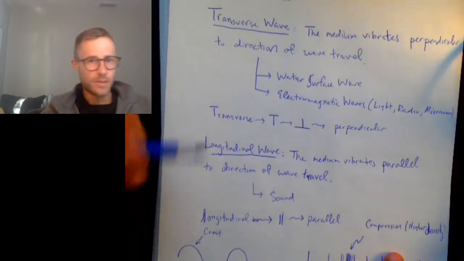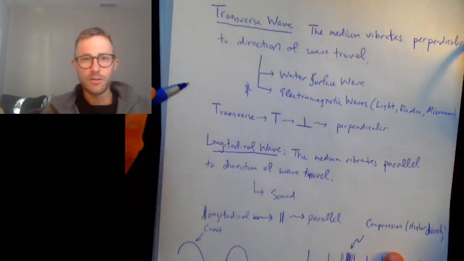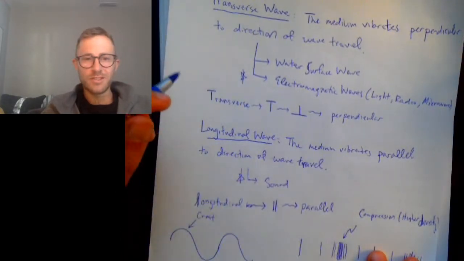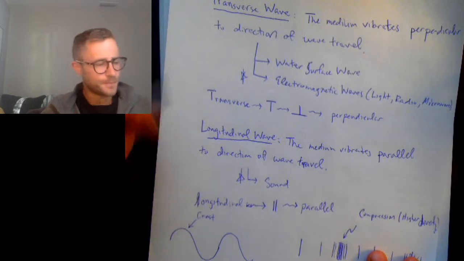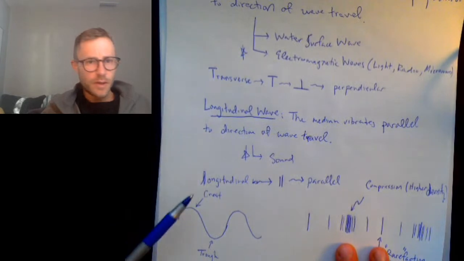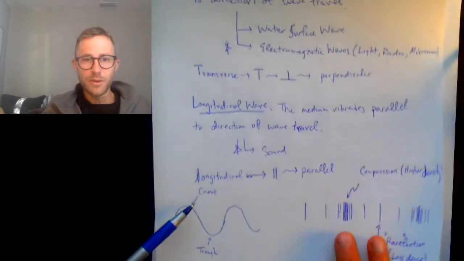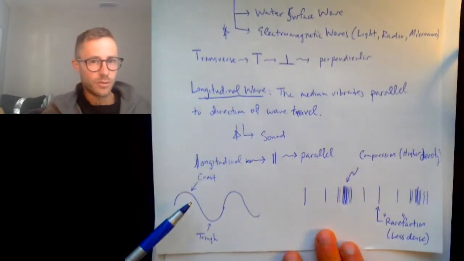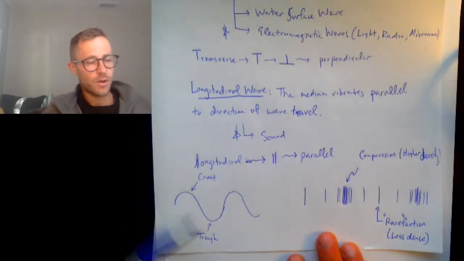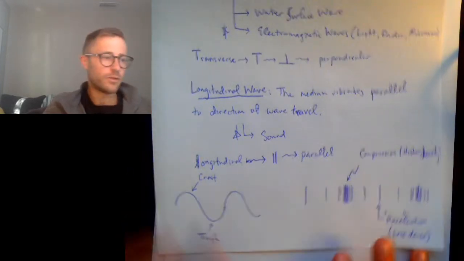The one you probably want to remember for transverse waves is that light is a transverse wave. And for longitudinal waves, remember that sound is a longitudinal wave. We also learned about the different parts of transverse and longitudinal waves: crest, trough, compression, rarefaction. So we've essentially learned vocabulary so far.